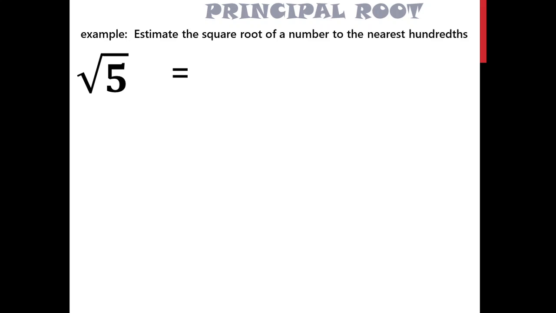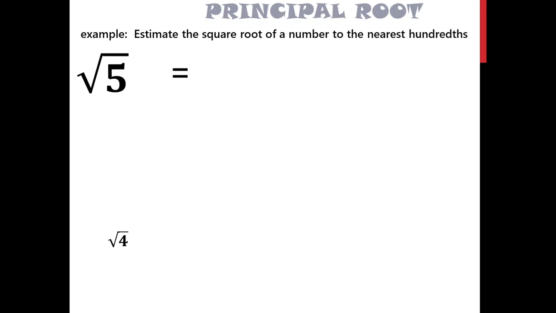There are a lot of ways to get the principal root other than, of course, using your calculator. If you want to do it manually, I'll be showing you the steps on how to do this manually.